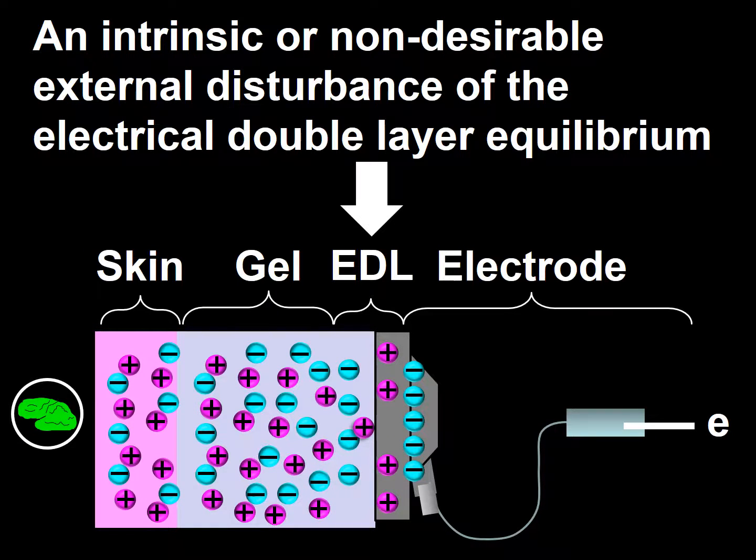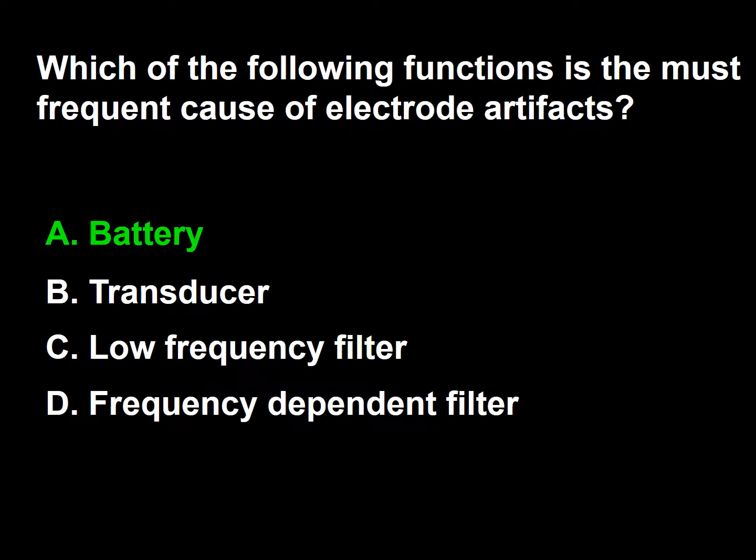So when the EDL is disturbed due to an intrinsic phenomena such as a change in consistency of the gel, for example, as it occurs when the gel dries, or it is disturbed by non-desirable contraction of a muscle or pulsation of an artery, electrical artifacts may occur. So the answer to this question is A.